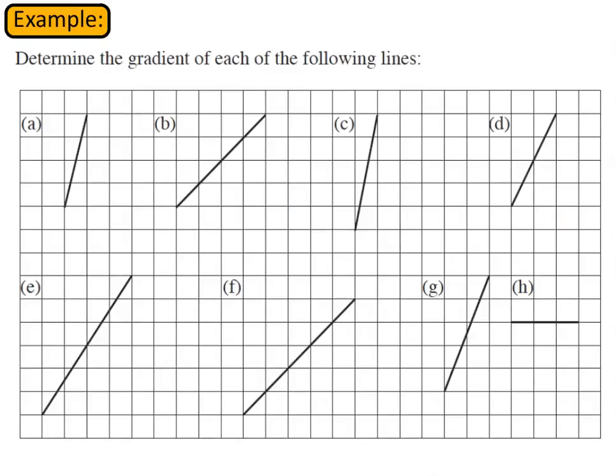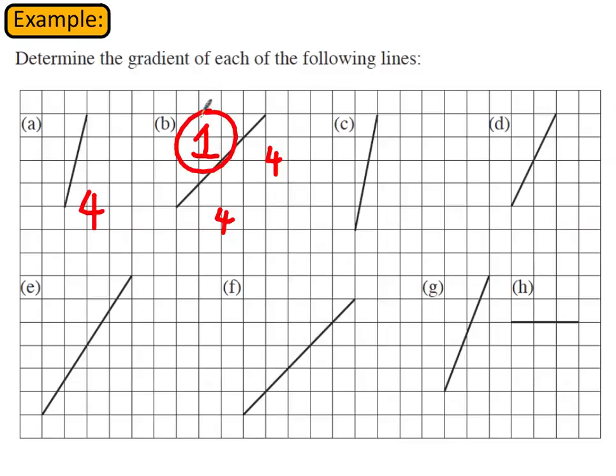Let's carry this on and look at some other gradients of these lines. In part A, the change up is 4, the change across is 1. So we've got 4 divided by 1, which is 4. In B, the change in y goes up 4, divided by the change in x, which is also 4. That gives us a gradient of 1.